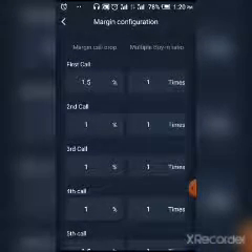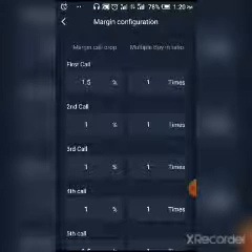Now, the number of times it buys, let's calculate here. We have $15 already for the first buy.